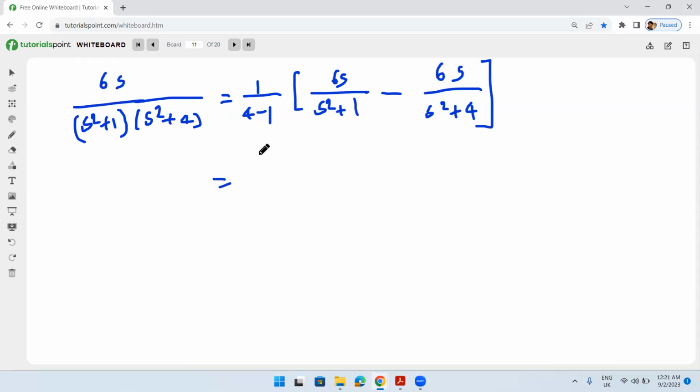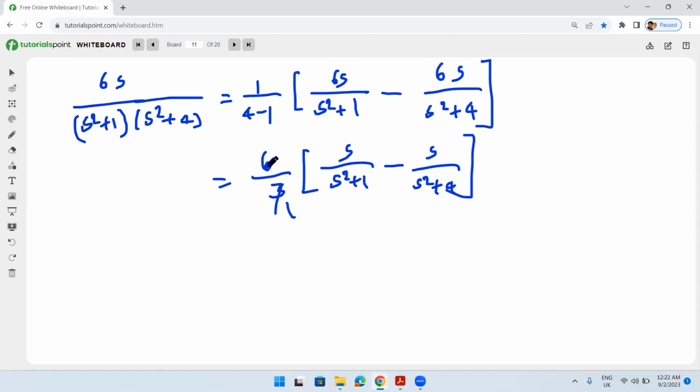I take the 6 outside, and 4 minus 1 is 3, so 6 by 3 into s by s square plus 1 minus s by s square plus 4. The 3 ones and 3 twos.